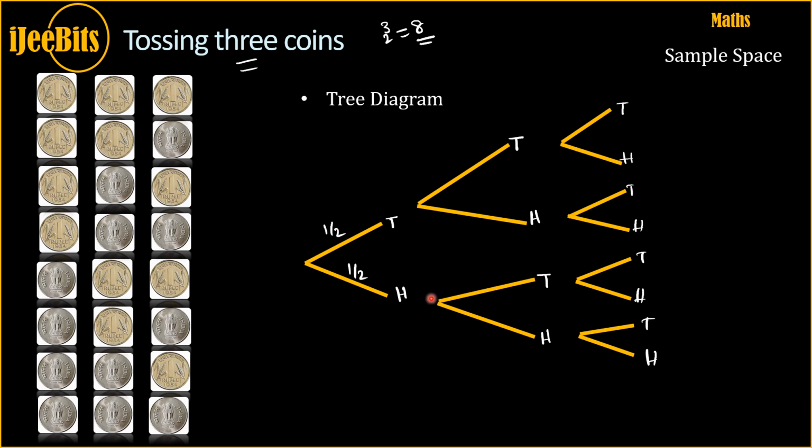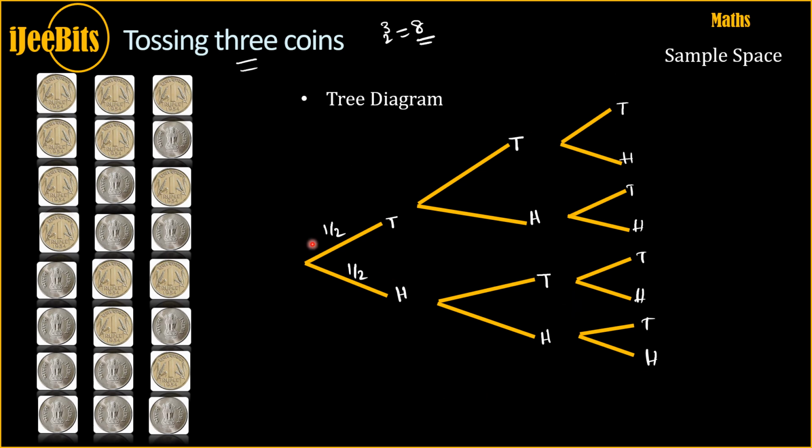If you fix H as the first coin, you may get other 2 chances. That's why your combination is constructed this way. Now you fix these positions and do the third coin combination. For each position, you may get 2 possible outcomes, tail and head, tail and head, tail and head, tail and head. This is how you can construct a tree diagram.